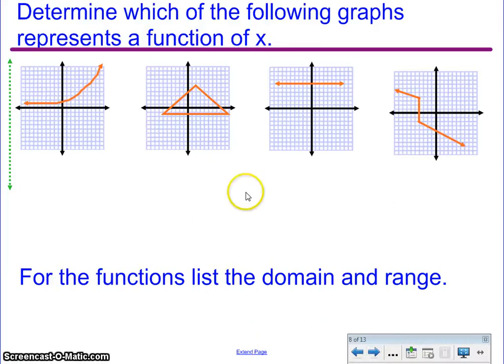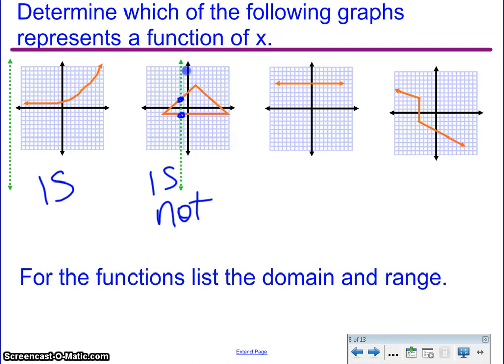All right, looking at this, going through number 1, function or not a function? Going across, is a function. Going on to the next one. Going across, oh, look, right there, we've got twice, is not a function. Going with the third one.